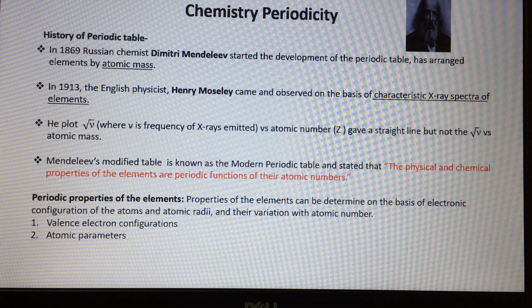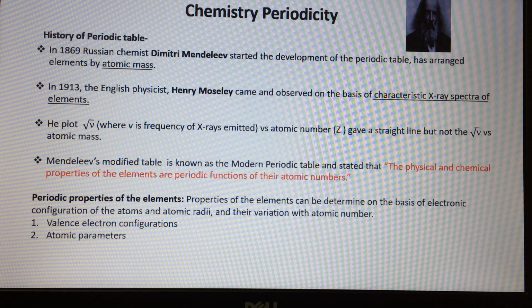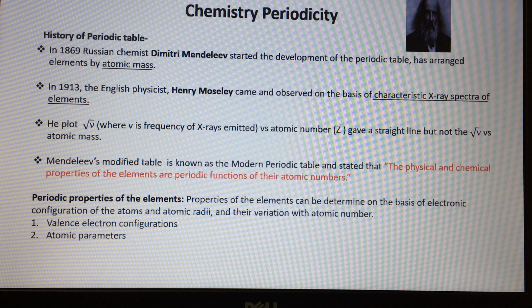So he decided that the nature of atomic mass is not fulfilled with all the elements.